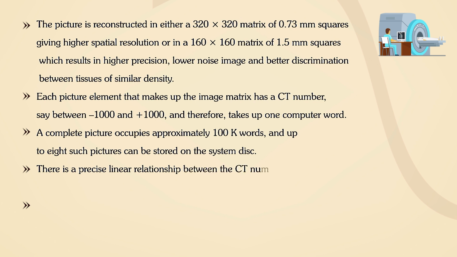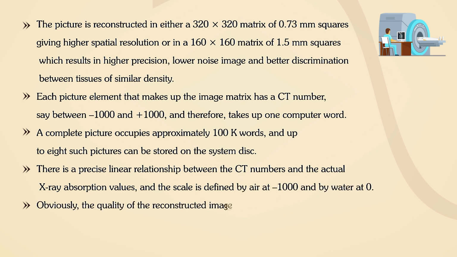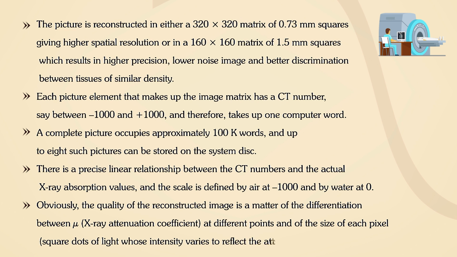Each picture element that makes up the image matrix has a CT number, say between minus 1000 and plus 1000, and therefore takes up one computer word. A complete picture occupies approximately 100 K words, and up to 8 such pictures can be stored on the system disk.